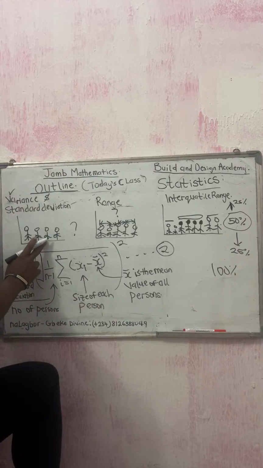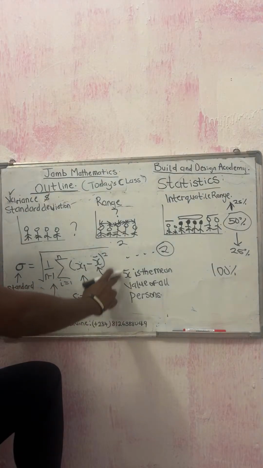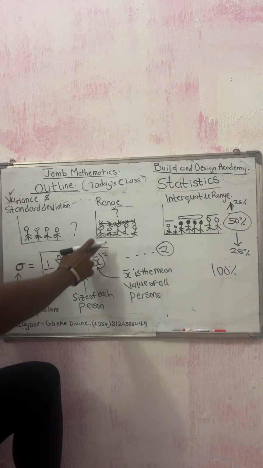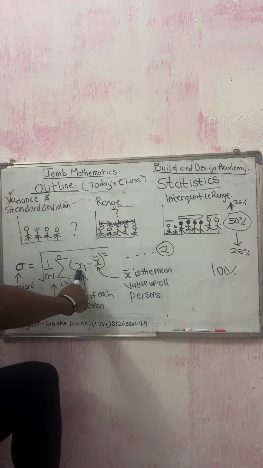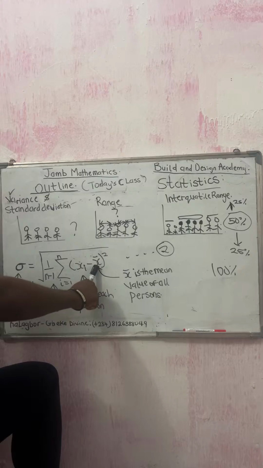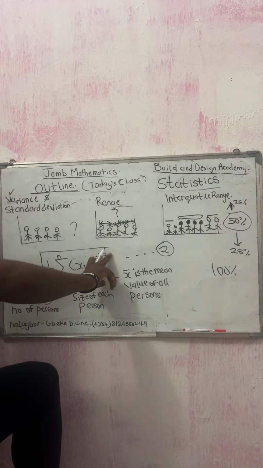While for standard deviation, the standard deviation is the quadratic mean of the distance from the mean. That's why we are subtracting the mean from each person, so that we get the quadratic mean. And that's why you see that this is raised to power 2.